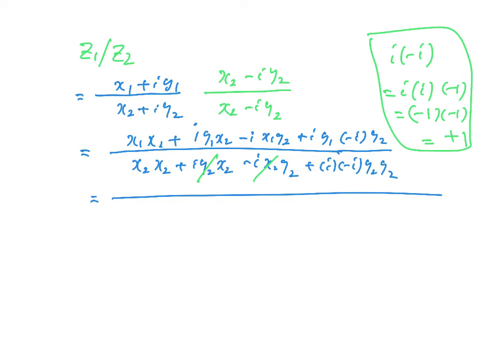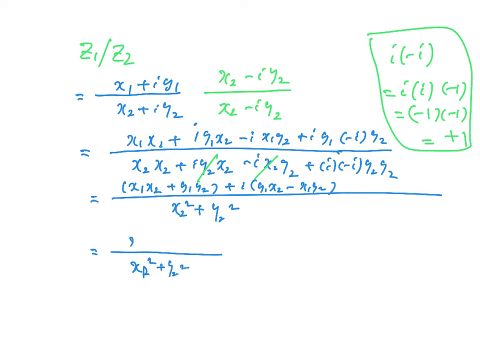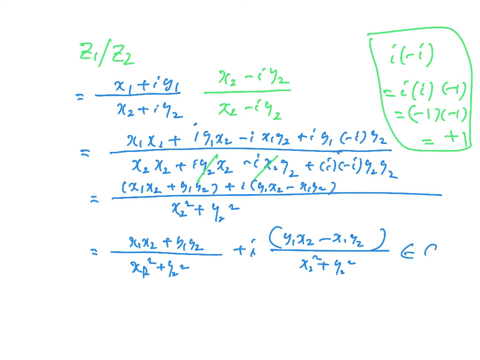So we have x2 squared plus y2 squared in the denominator, and in the numerator (x1 x2 plus y1 y2) plus i (y1 x2 minus x1 y2). So finally we have [(x1 x2 plus y1 y2) plus i (y1 x2 minus x1 y2)] over (x2 squared plus y2 squared). So it does belong to complex numbers, right?